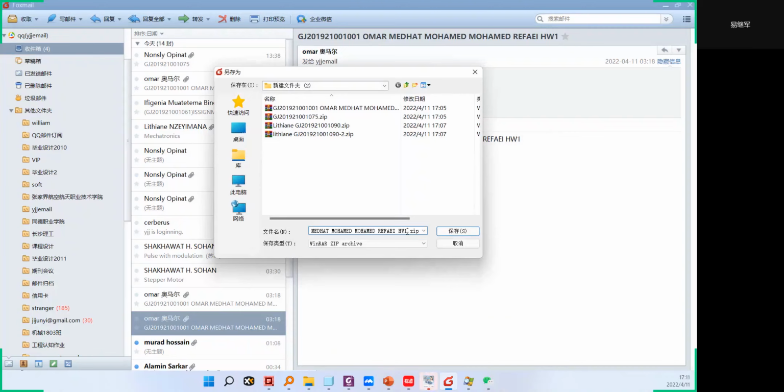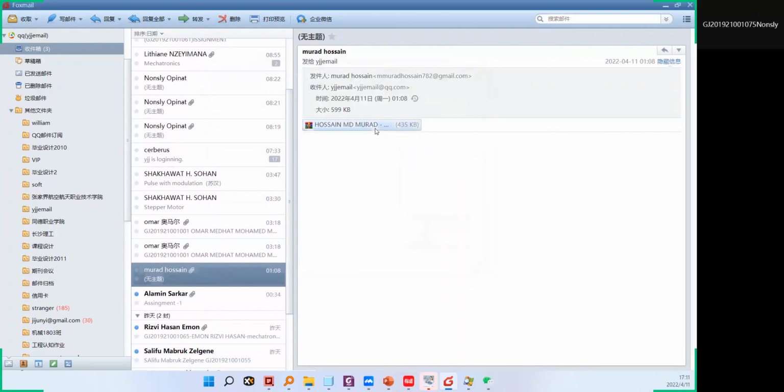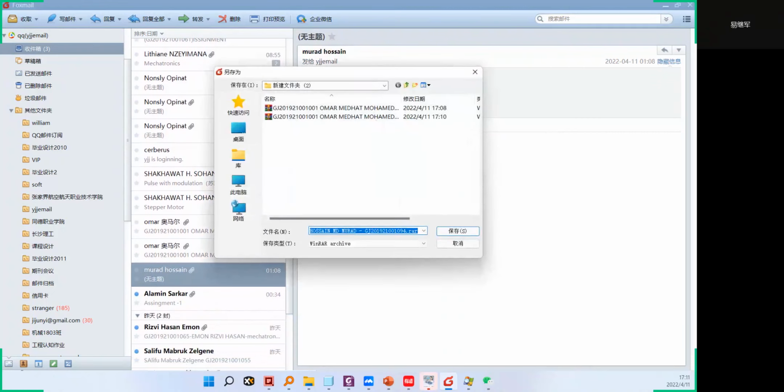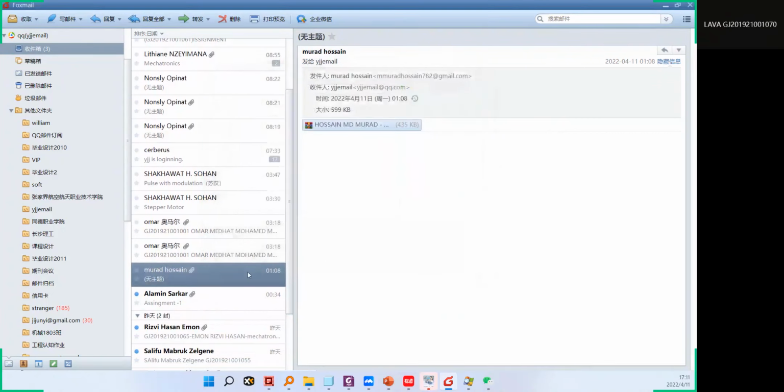I understand, but I'm worried about my last semester because I sent in the same way. Okay, maybe I found some method. Laoshi, even me, last year I sent it as a Google Drive link because the file was so heavy.